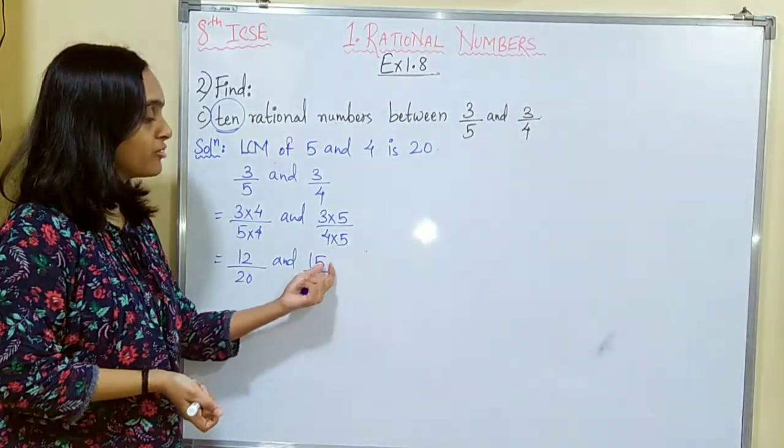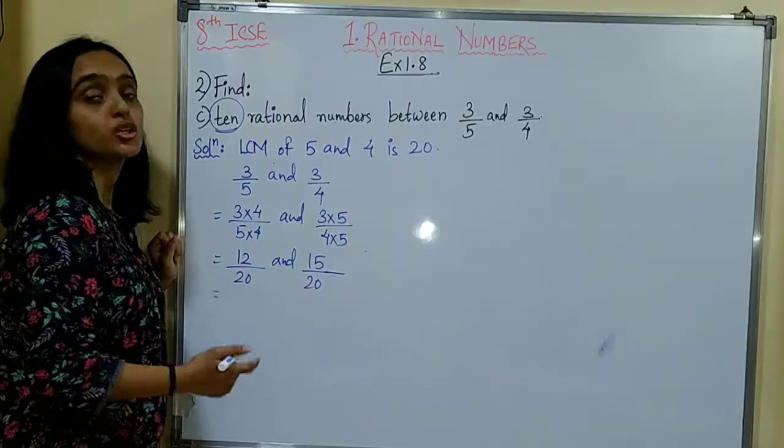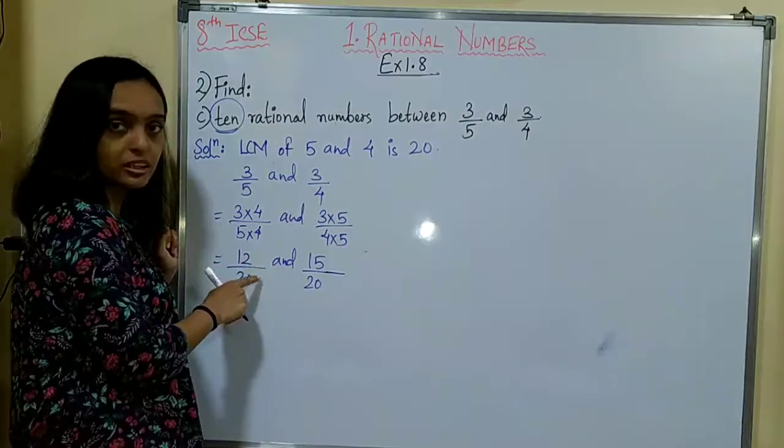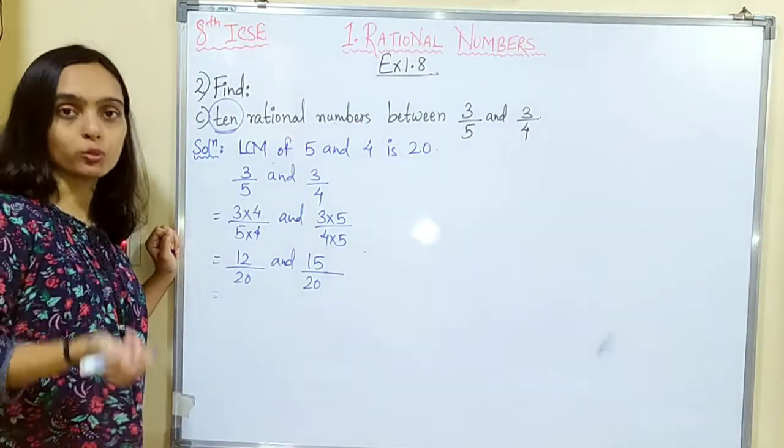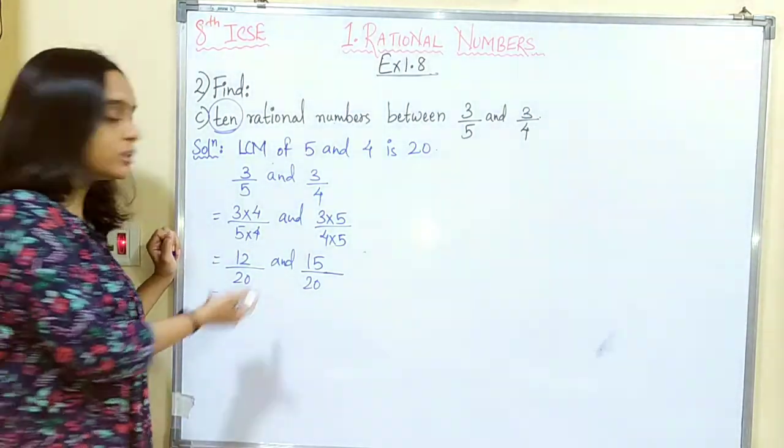If I multiply by 4 in numerator and denominator, the rational number won't change; you will get an equivalent rational number.